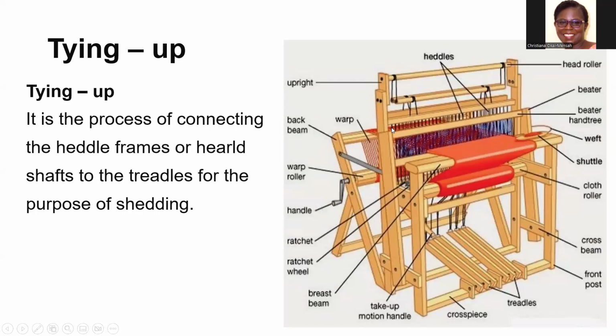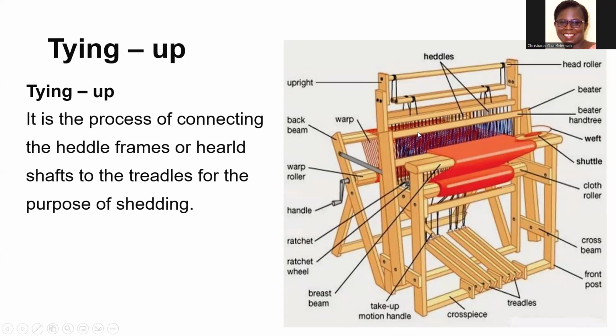Okay, so after packing all, now the loom is getting ready. So you need to do your tie up. You need to do your tie up. So the tie up is a process of connecting the heddle frames or heddle shafts to the treadles for the purpose of shedding.